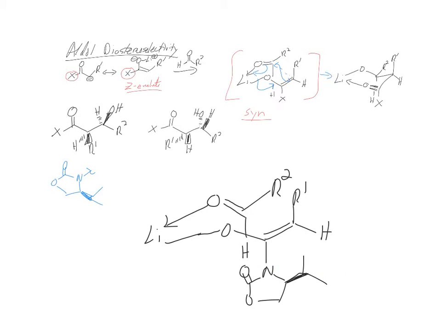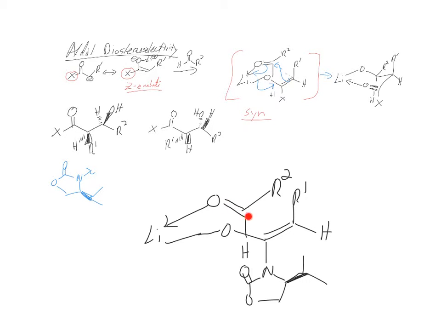I could draw it the other way, where I'm attacking this aldehyde from this side. I could also attack it from the back side, but then this would be sticking into that aldehyde, so it won't work. And this will get me one enantiomer, because I'm essentially picking one side of the aldehyde. This is flat.